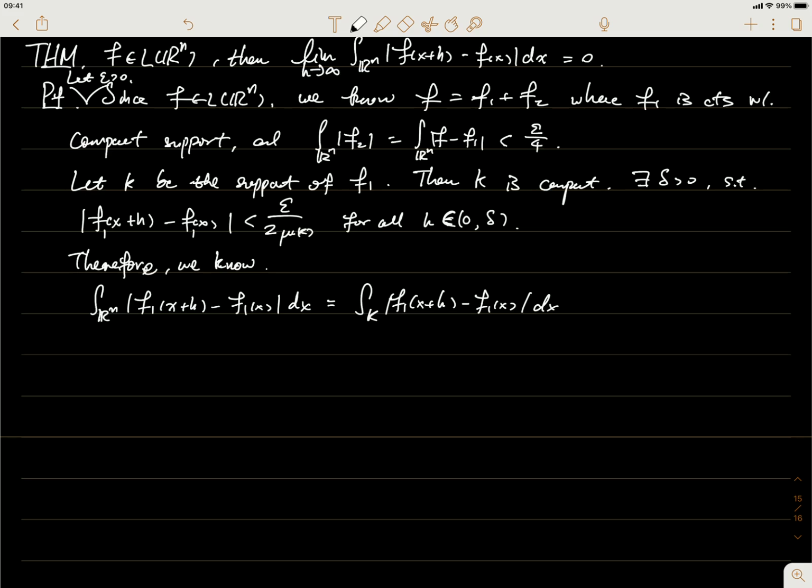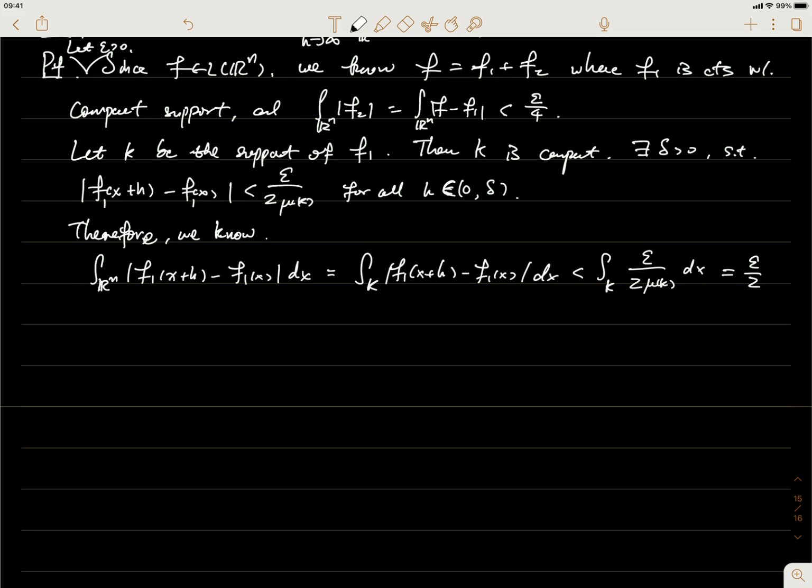And this integral is less than epsilon over 2 times mu of k. Now you can see why I chose k in the beginning, because this is a constant right now. The integral of a constant is just the constant times the measure of the area, mu of k, and that eventually gives me epsilon over 2. I have strict less than here, it doesn't really matter. So that's for the f1 part.